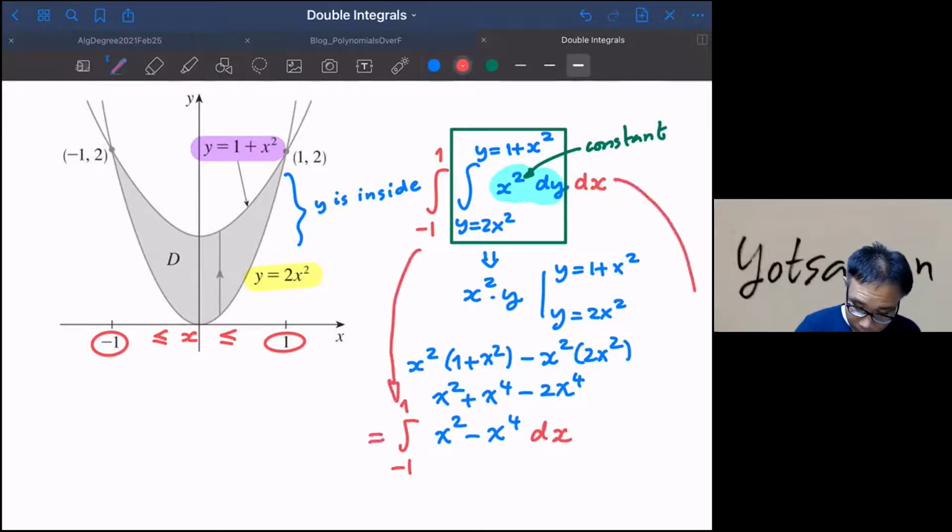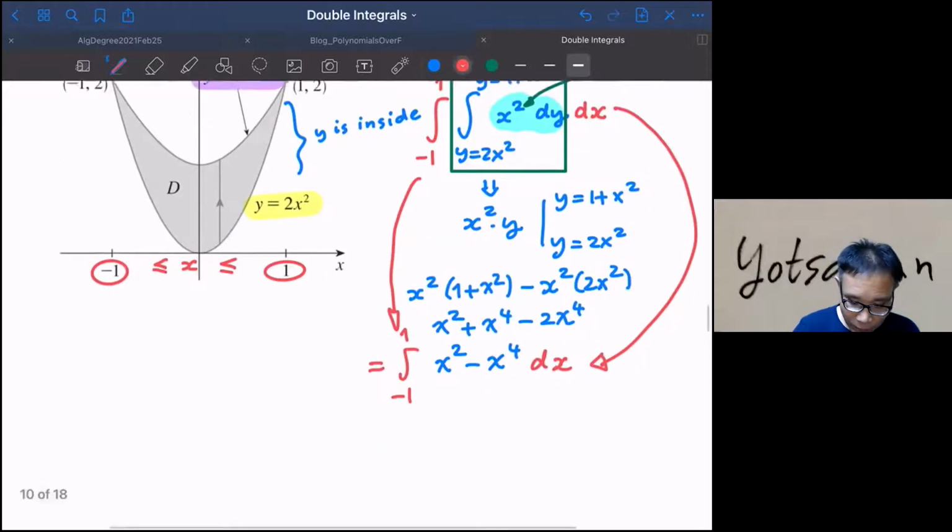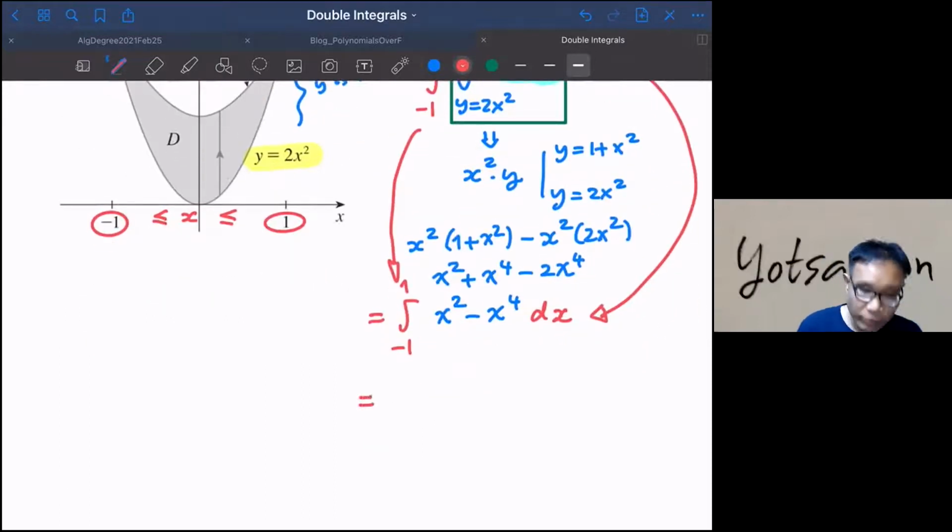Okay, and then you're gonna integrate x squared minus x to the fourth. So this one will be x to the third over 3 minus x to the 5 over 5.